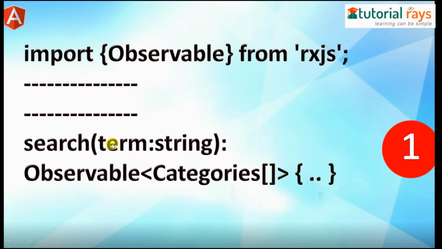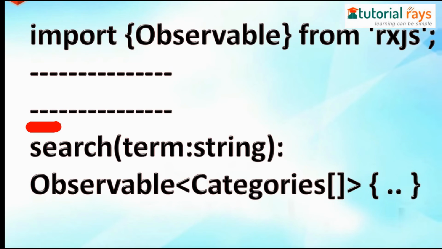Then there will be some other code, but ultimately, suppose you are searching, you have created a function called search inside the service, and here is just a variable whose data type is string.